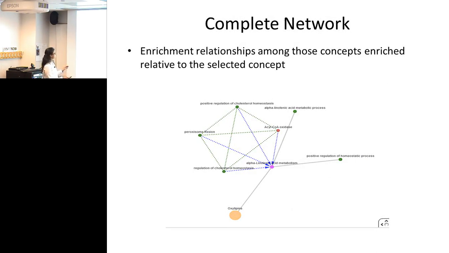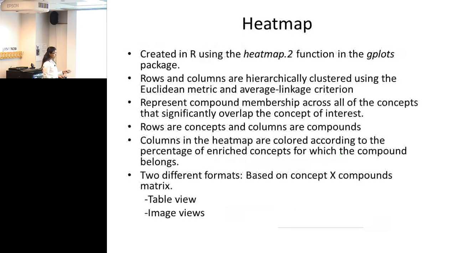The next and the last visualization pattern is a heat map. For the heat map, we create that in R using the heatmap.2 function from the gplots library. So basically, we are creating a cluster, a matrix in the heat map, saving it, sending it to Grails, and Grails creates the image based on the size of that matrix. We had some problems because of the size of the matrix, so we create two different views for the matrix.